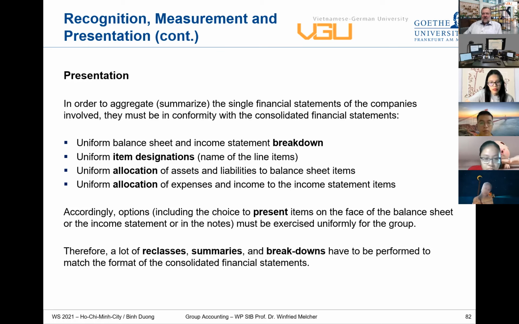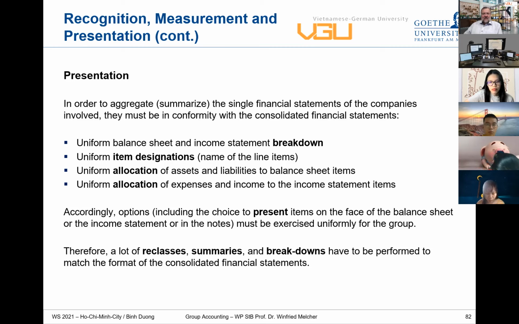So the position should be in the same row. I think this is quite logical, but at least I have to mention it. So you have to designate same names and same items under the same row.